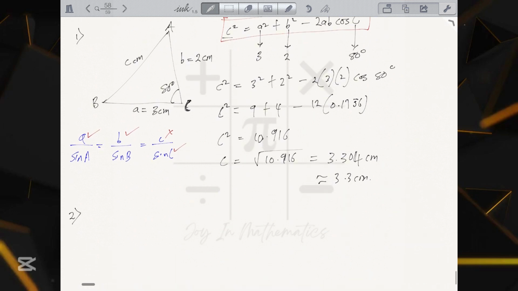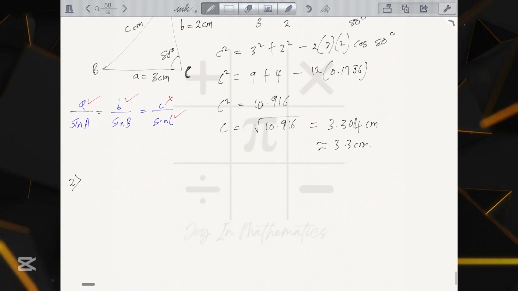Question 2. We're given a diagram just similar to the previous one. Now we are asked to evaluate the length in centimeters, given 5 centimeters and 3 centimeters with angle 102 degrees.